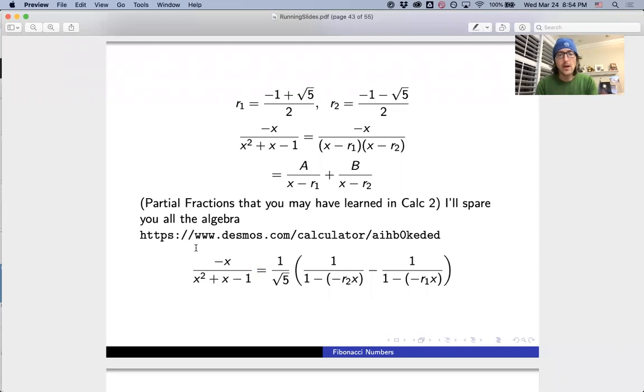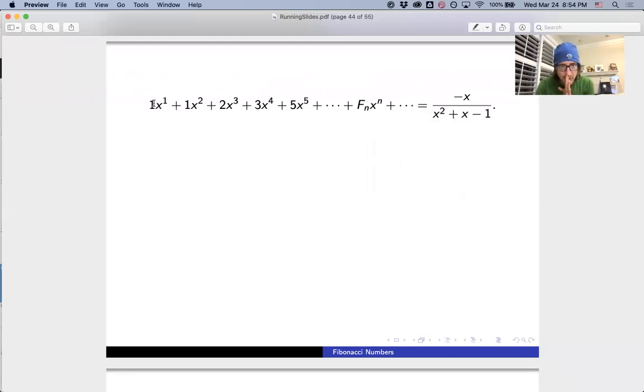So what have I done? Let's see if I've got a summary. Good, it's a great place for a summary. We have this really long sum, where the coefficient of x to the fourth tells me that the fourth Fibonacci number is 3, and the third Fibonacci number is 2. Remember, the nth Fibonacci number is the coefficient of x to the n. And I worked it out.